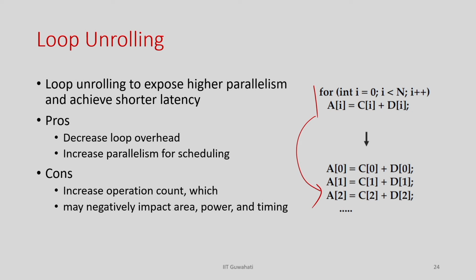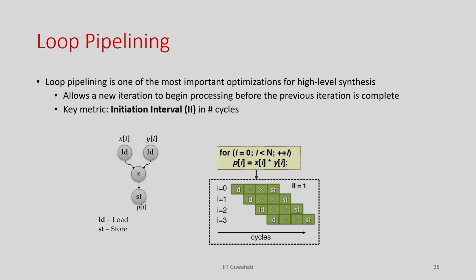So, you basically unroll the loop, remove the loop, and execute it in the hardware, or you can do pipelining, which is one of the most important optimizations in high level synthesis. You assume that you have an implementation of the loop and then you run different iterations of the loop in parallel, right. So, you add some pipeline stages and then you start iteration 0 here, and the next time you start iteration 1, and you have pipeline stages in between.